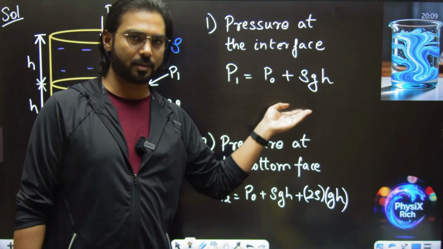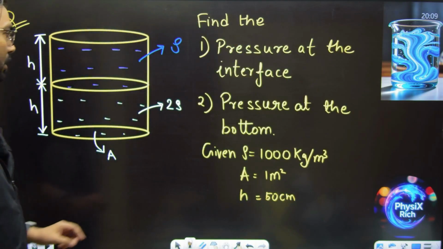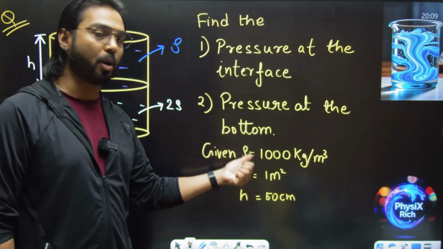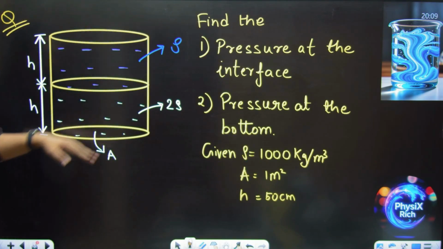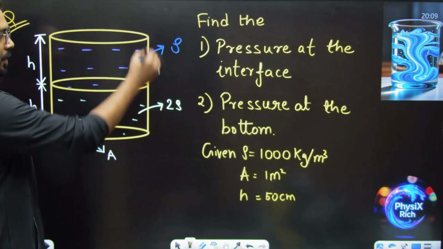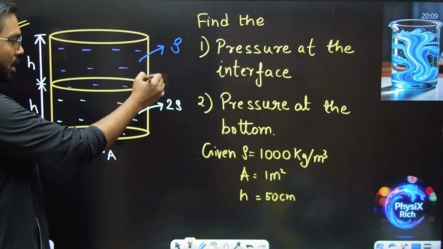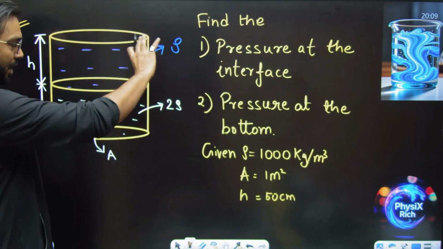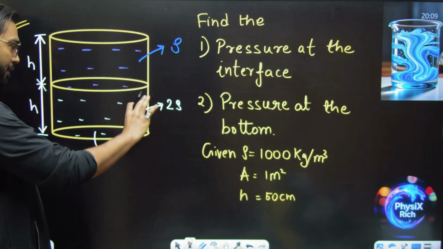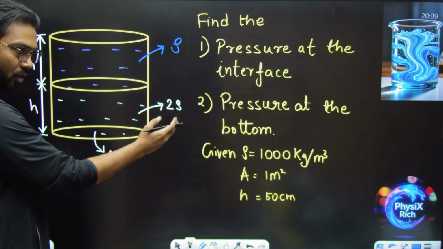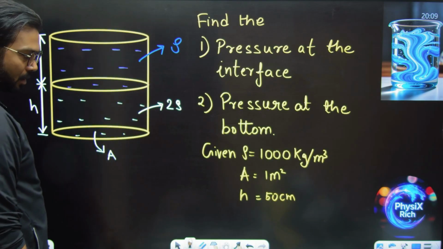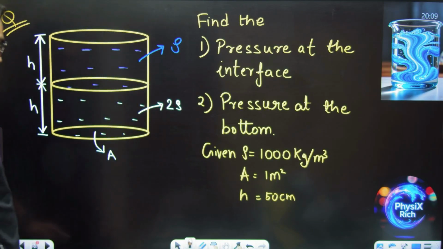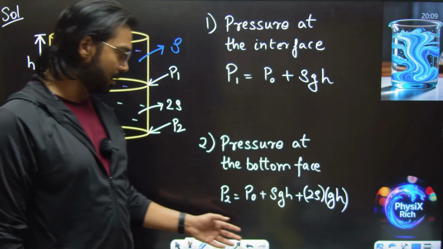No doubt about this. But the second part of the question is asking for the pressure at the bottom. Over here we have liquid with height H and density rho, and another liquid, height H, density 2 rho. What's going to happen? We will now have pressure due to both the liquids.